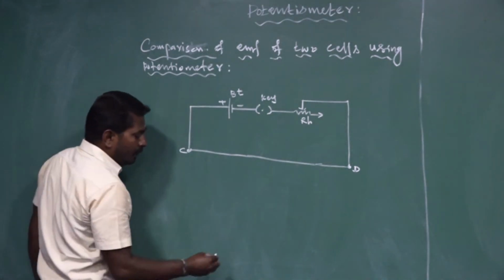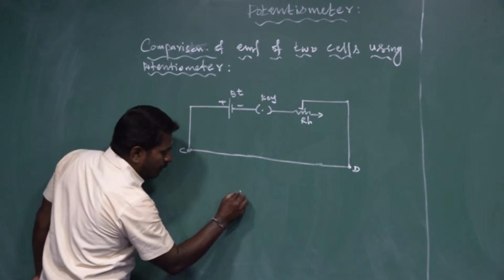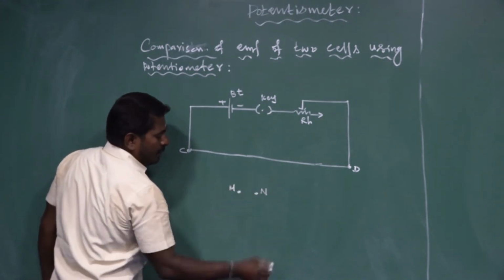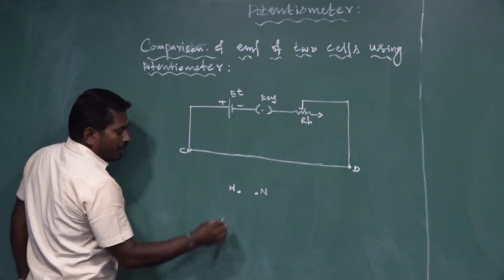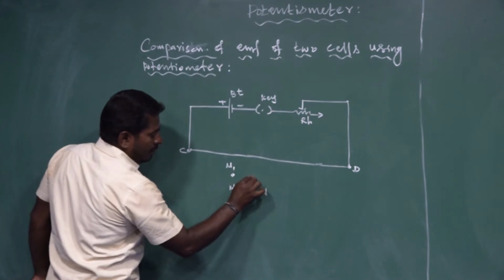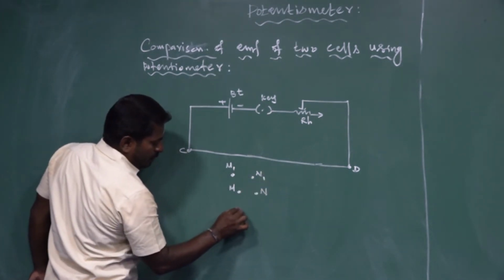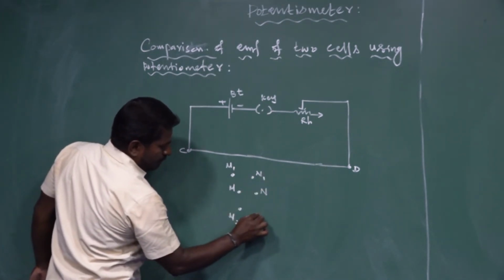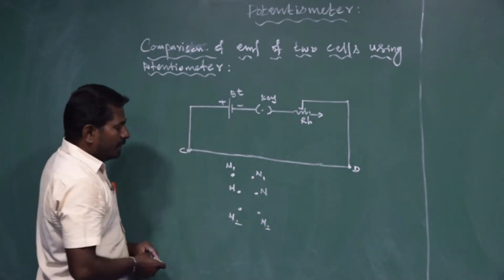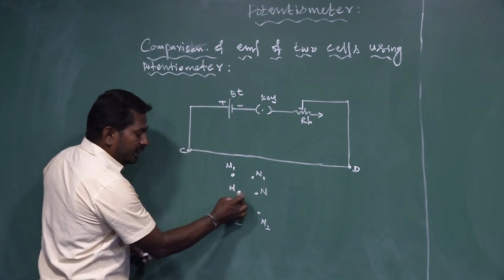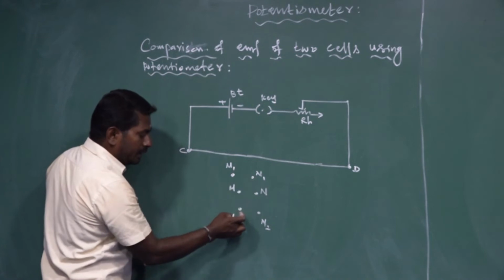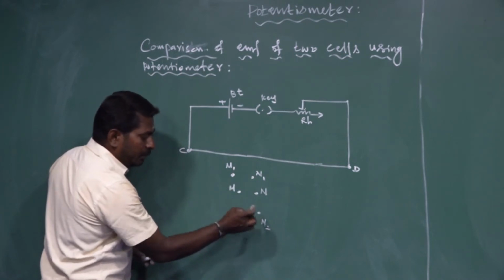Next, see this entire arrangement: terminal M, terminal N, terminal M1, terminal N1, terminal M2, terminal N2.